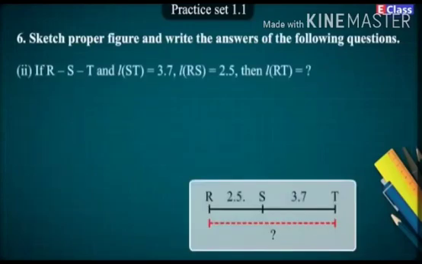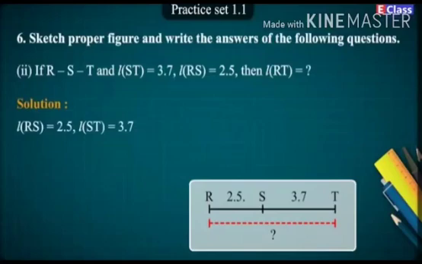2. If R, S, T are collinear and length of ST is equal to 3.7, length of RS is equal to 2.5, then length of RT is equal to how much? Solution: length of RS is equal to 2.5.